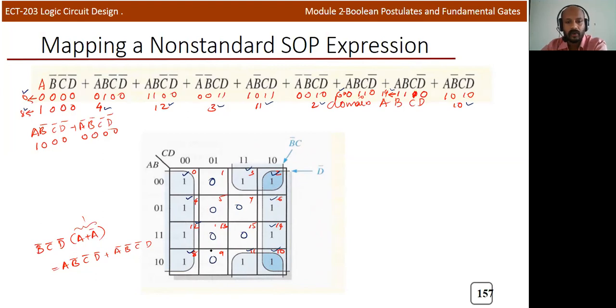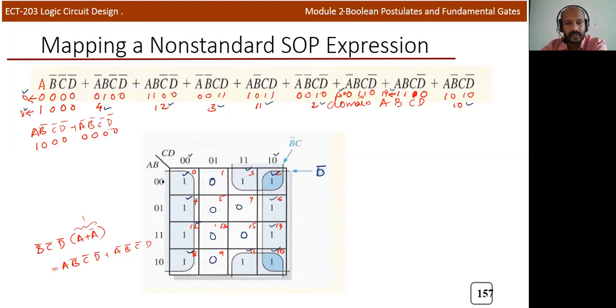Now we can group in the usual way. You get a group of 8 by grouping the first and the last column. In this group, row wise there is no common term, but column wise you can see that 0 is common, so we indicate it as D bar. Looking at the 2, 3, 10, 11 minterms, you get another group.